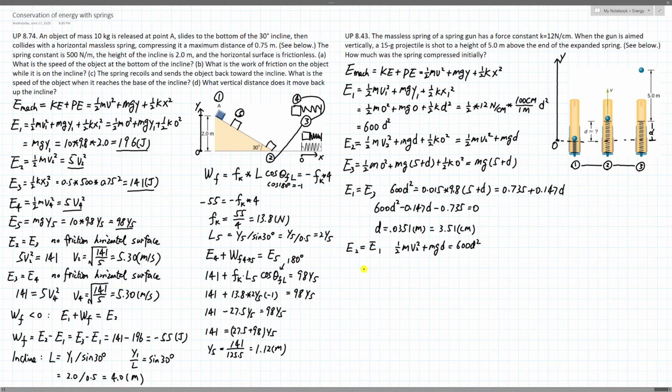So 1/2 m v2 squared is equal to 600 d squared minus mgd, and then v2 is equal to 2 over m times (600 d squared minus mgd). Then we take the square root of this whole thing.